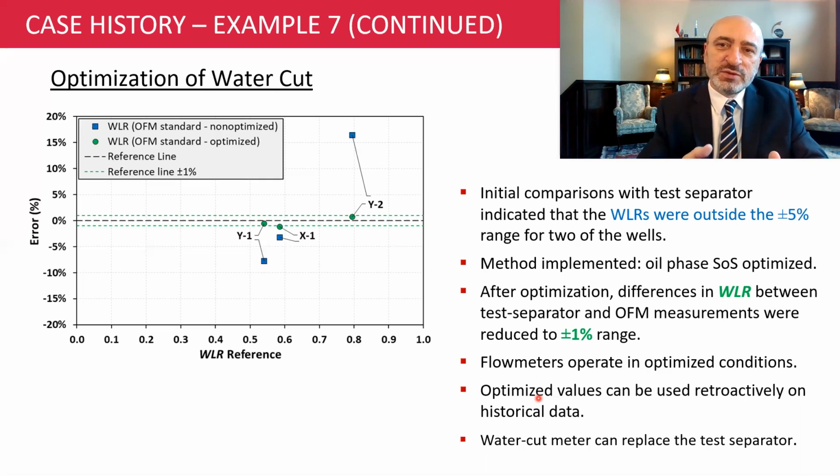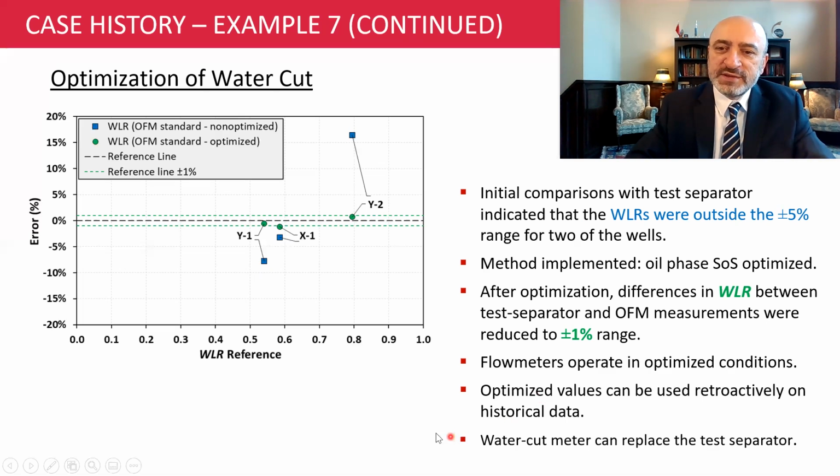The optimization gives us the new boundary conditions, the optimized boundary conditions. So we can combine those optimized boundary conditions with the measurements from the flow meter and recalculate the phase fractions and phase flow rates of the historical data as well.